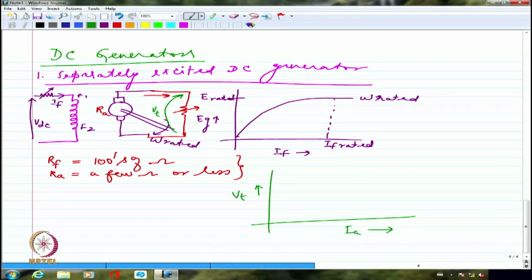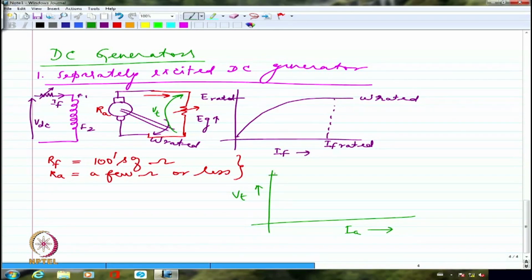So I have generated voltage which is supplying the load, which is also the armature current, and I'm going to have whatever is the field current that is decided by what is the field resistance and what is the field supply. So the two are independent of each other. So I am going to have this as IA, this as VT.